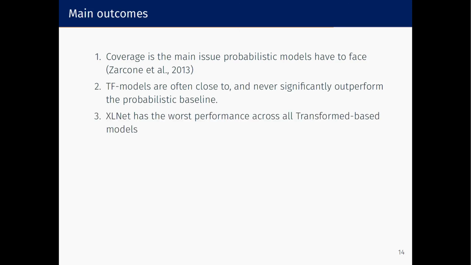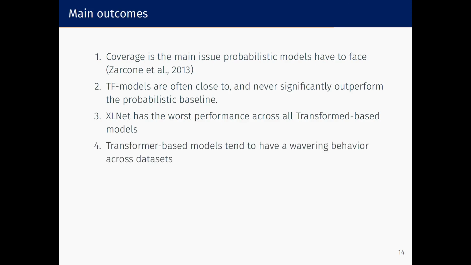Among all transformer-based models, XLNet is the one performing the worst. As you can see in the previous tables, in all cases its score is lower than the probabilistic baseline. Transformer-based models tend to have a wavering behavior, which results in large differences between the dataset scores.